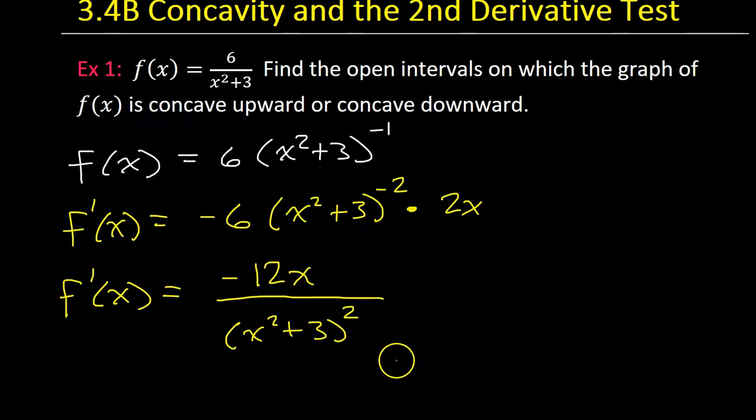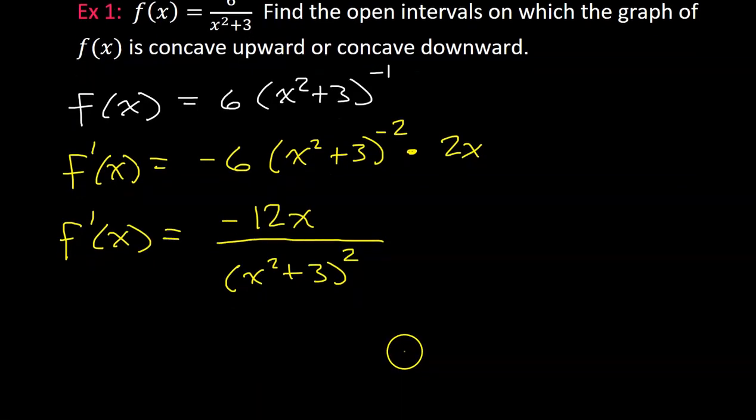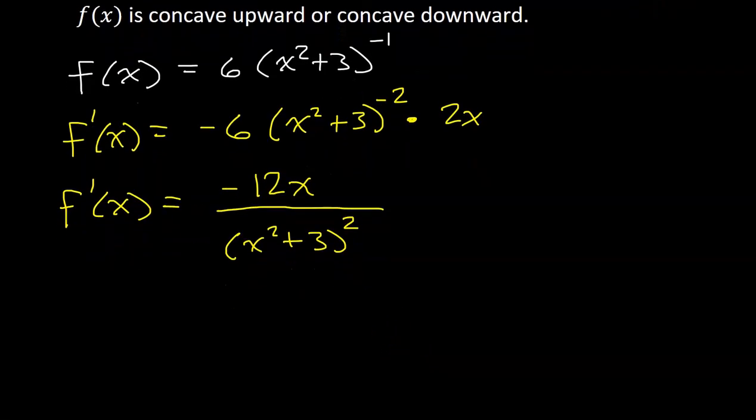So this is my expression for the derivative. Don't forget that the derivative tells you where the function is increasing and where it is decreasing. That's what the first derivative test tells us.